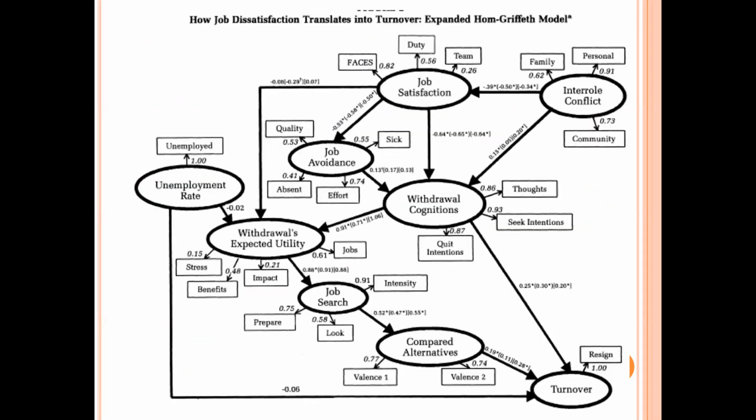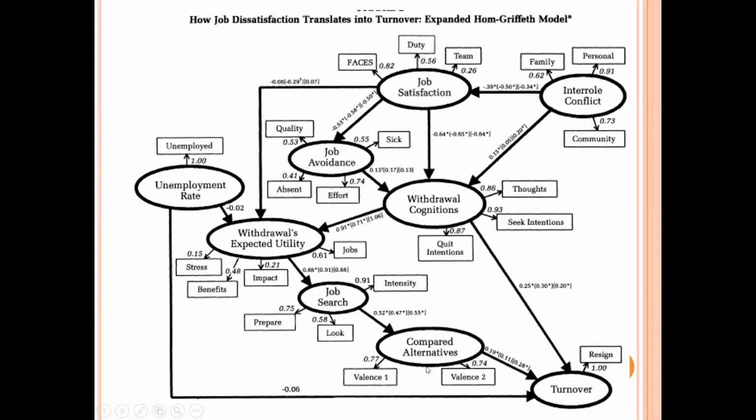So for example, this is a very complex structural equation model. The ellipses are latent variables, the rectangles are observed variables. So we have here job satisfaction, a latent variable measured by three indicators, which are items: faces, duty, and theme.